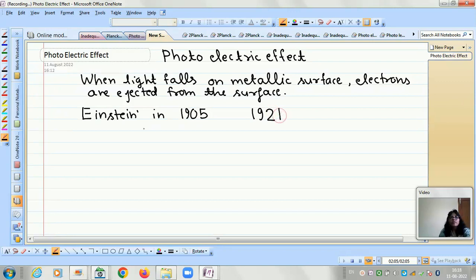So after many years he got the Nobel Prize for the photoelectric effect. Now this effect was observed experimentally by Millikan, which is termed as the Millikan experiment, in which a photocell was used.